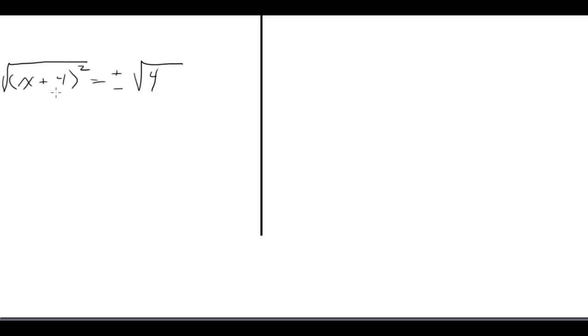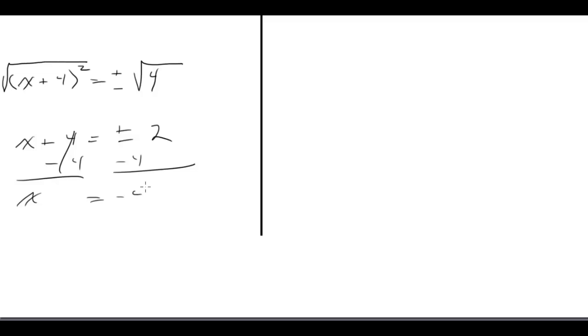Okay. Having done that, the left-hand side cancels because the square root of a square is just itself. And plus or minus, the square root of 4 is 2. Subtract 4 from both sides. And what do I get? I get x, that goes away because its sum is 0, equals minus 4 plus or minus 2.